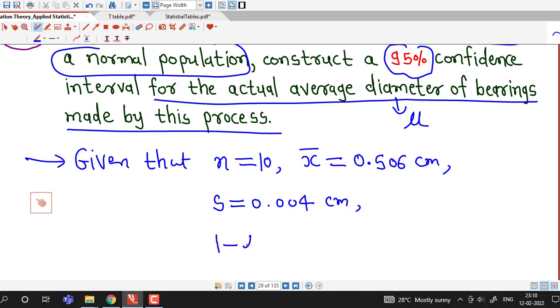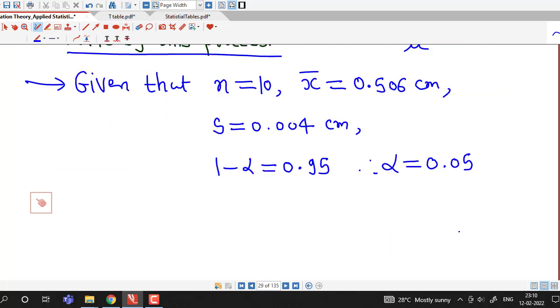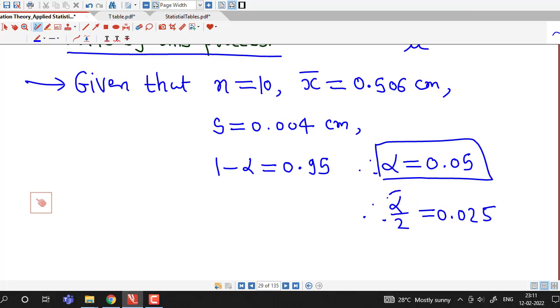So we can say that 1 minus alpha is 0.95 and therefore alpha will be equal to 0.05, and hence alpha by 2 is half of 0.05, that is 0.025. So alpha is the area in both the tails. Alpha by 2 is the area in one tail.